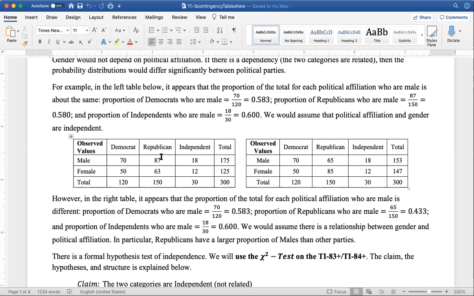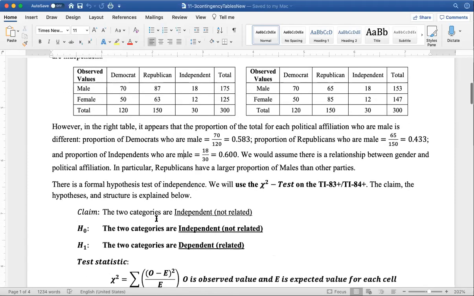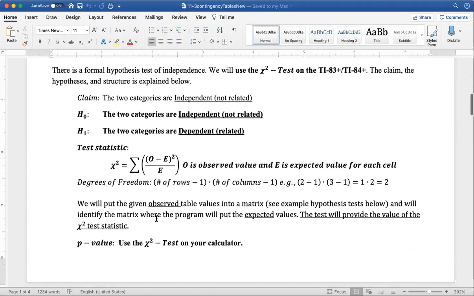You're only looking at the 6 numbers that give you a combination of both of the categories. And if they are independent, E would be the number that we would expect in each one of those cells. We find that difference, square it, and divide by the expected number as well. And then we add those up.